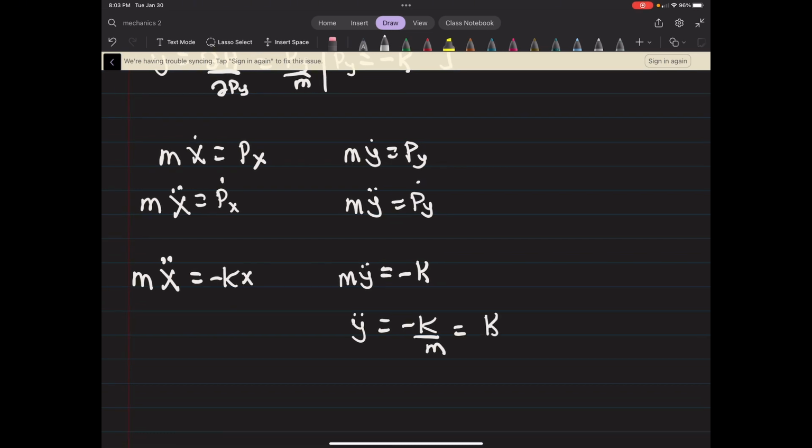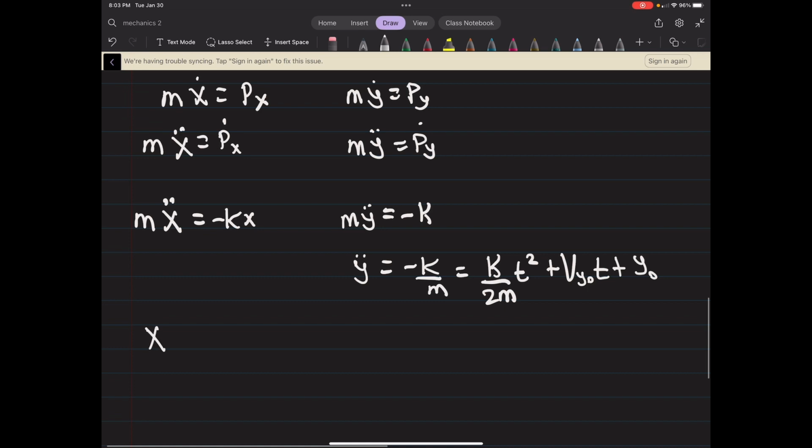This will end up being minus kappa over 2m t squared plus, and then we'll just call our initial velocity v naught, t plus your initial position, which we'll call y naught. Okay. So then what we want to solve is x of t, where x double dot equals minus k over m x, or if you prefer, x double dot plus k over m x equals 0.